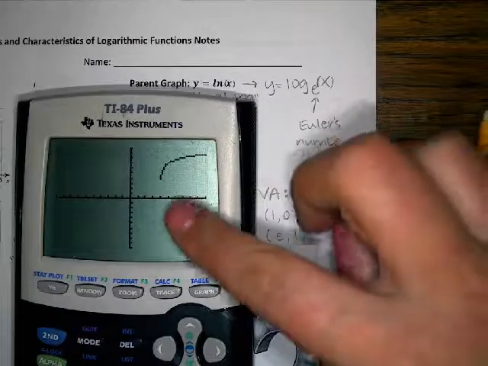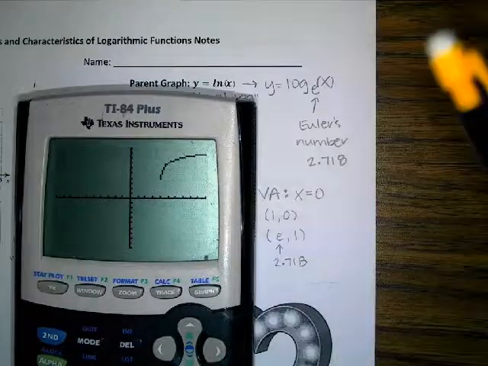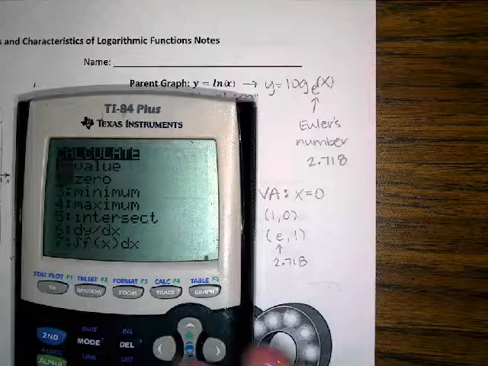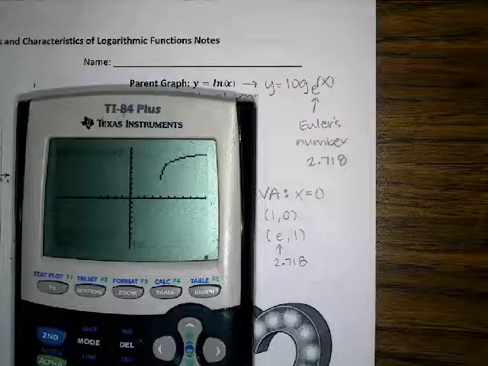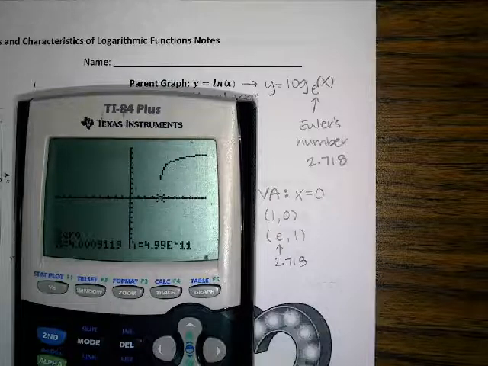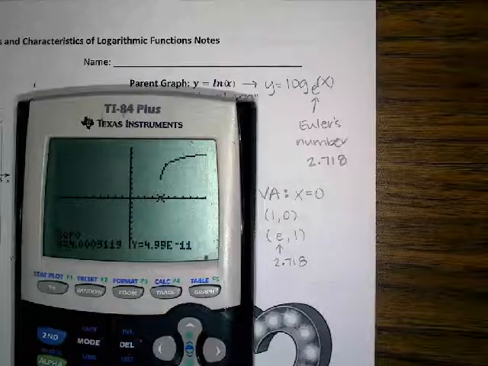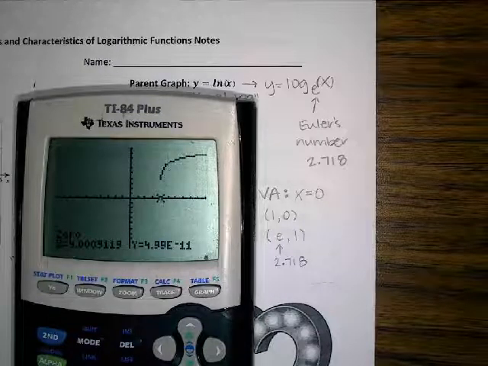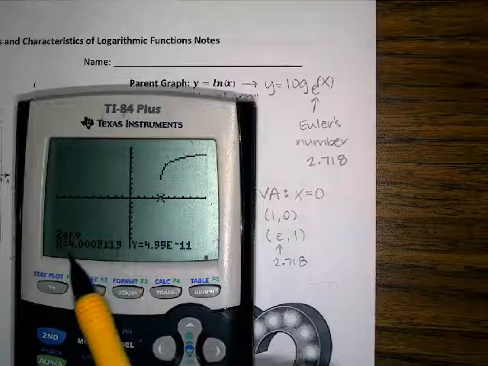Yes? What do you do if you got to find the x-intercept? So with this one, I would just do second trace, option number 2, look between 0 and 10, and my calculator would tell me the x-intercept is very close to 4. It's still there. The calculator just can't show it. The calculator's having a very hard time. And you can tell, actually, that the x-intercept is super, super close to 4.